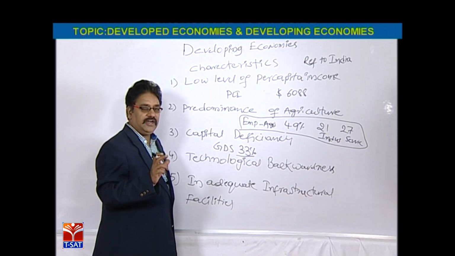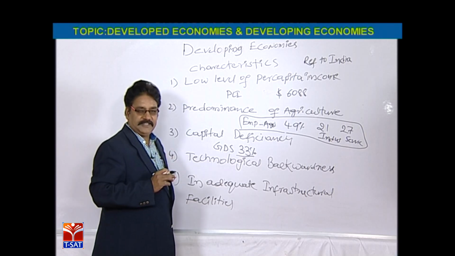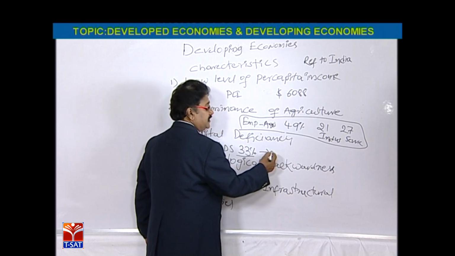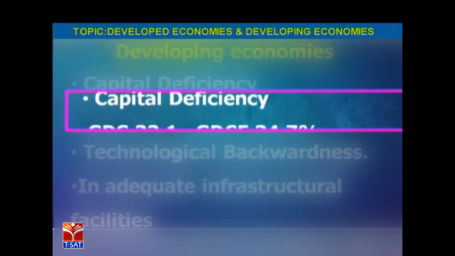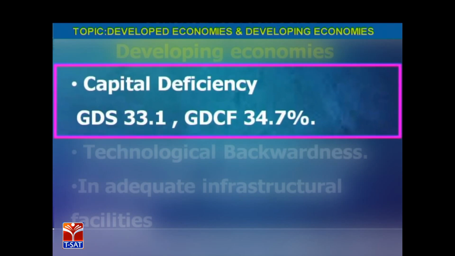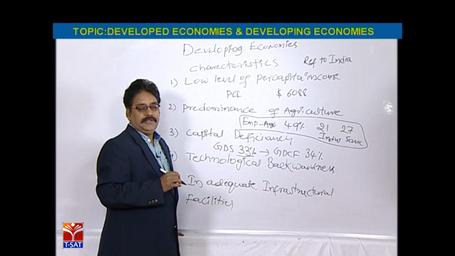Out of every 100, gross domestic saving is 33%. And these savings turn into GDCF, gross domestic capital formation, which is taking place at 33 to 34%.